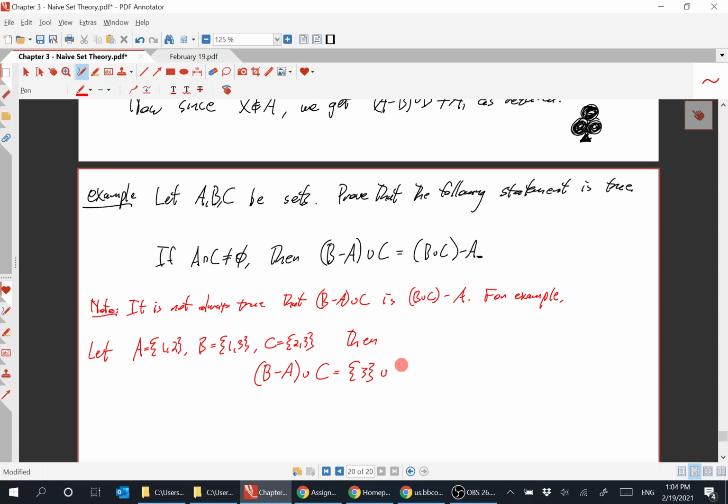Union C, which is {2, 3}, so that's equal to the set {2, 3}.